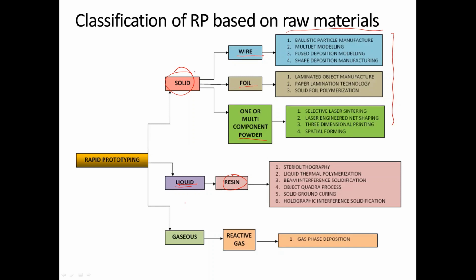The last one is gaseous. Now, this system is something which was actually not developed on a commercial scale, but yes, it was developed at a lab scale, and it was actually presented as a prototype.